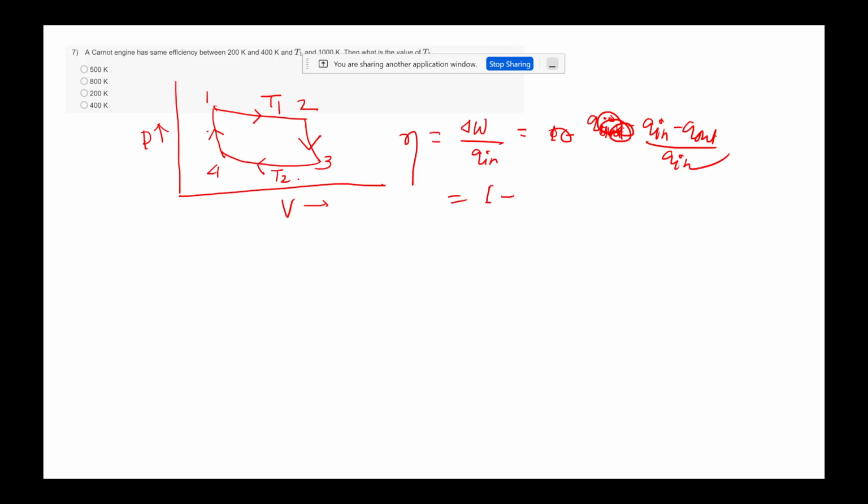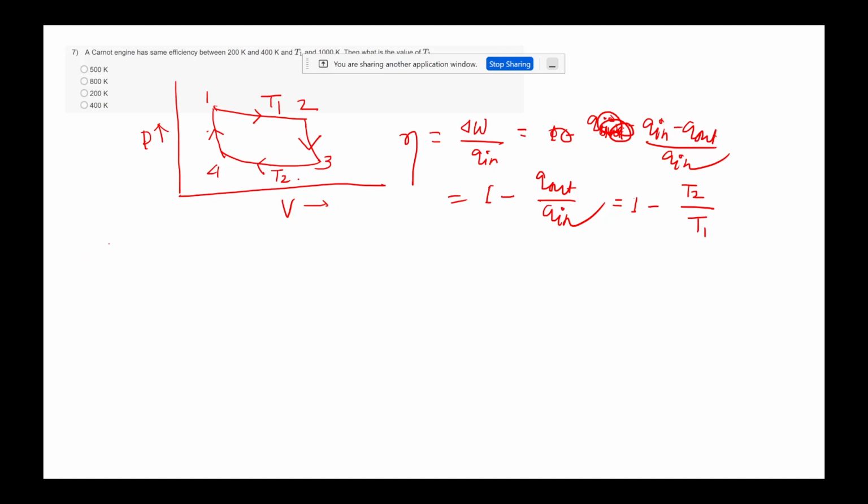In the lectures I have shown that this Q out by Q in can be written in terms of T2 by T1, that means Tc by Th. This is the cold reservoir temperature, and this is the hot reservoir.